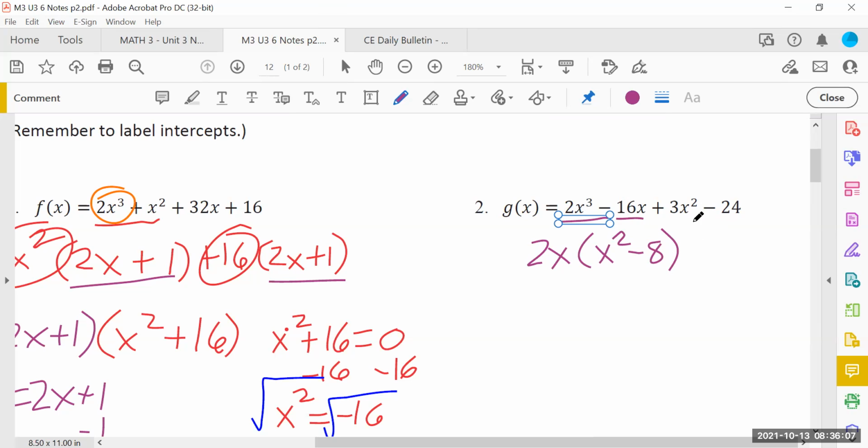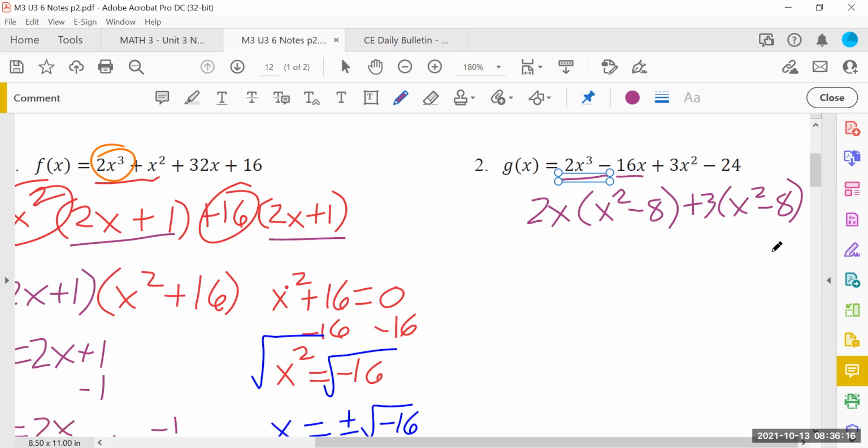Looks like I can take a 3 out of those. X squared minus 8. Okay, so far so good. I've got matching parentheses, so I can take those out. X squared minus 8 was multiplied by 2x, and it was multiplied by 3. Is everybody good with that? Just like we were doing yesterday.